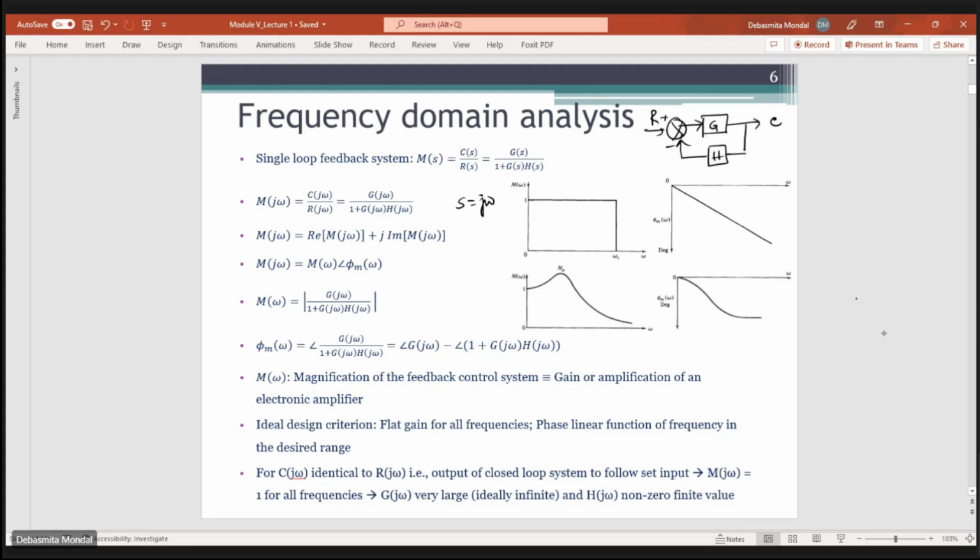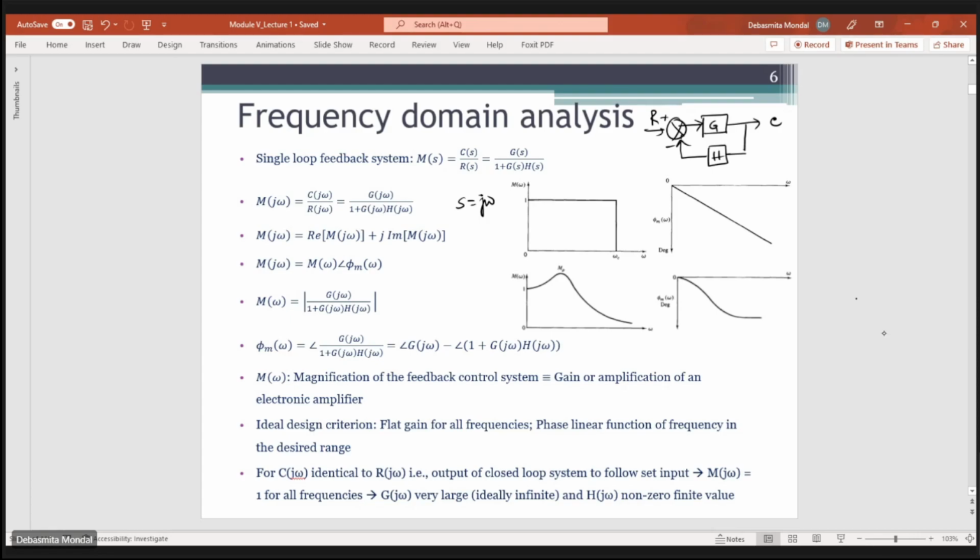So that means the ideal design condition is that the value of M(jω) should be equal to 1 at all frequencies. That means the magnitude of M(ω) should be equal to 1 irrespective of whatever frequency of the input signal that I am providing, right?